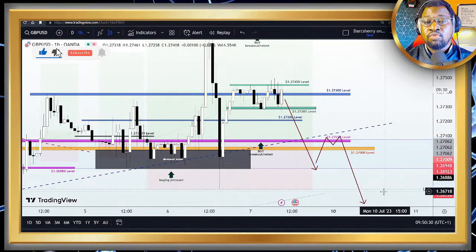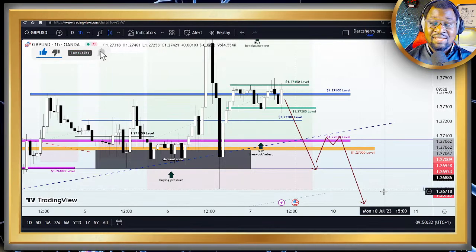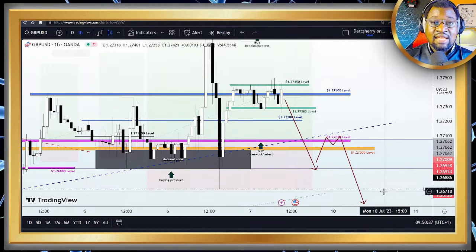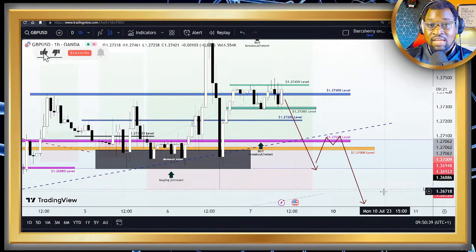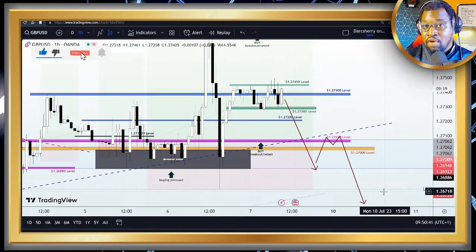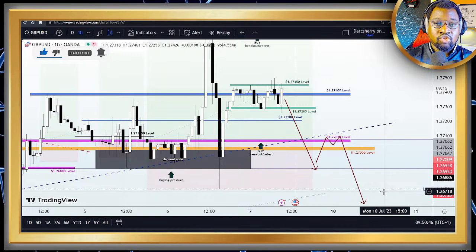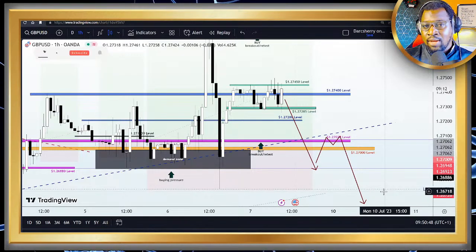And for those who are profitable on the GBPUSD so far this week, you can afford to have a sell stop order below the key level here to capitalize on that move to the downside. But if you're not profitable, or this is going to be your first trade on the GBPUSD, I advise you to wait for a retest of structure on our lower time frame.